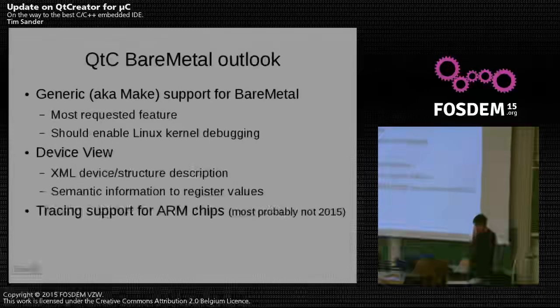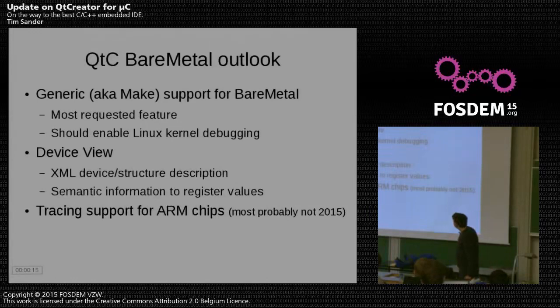The next thing on my list for improving QtCreator, and that's the most requested feature, is make support. Currently, generic build support is not enabled in BareMetal. That's mainly because you need to implement an extra class for the generic plugin, and that hasn't been done for the BareMetal plugin.